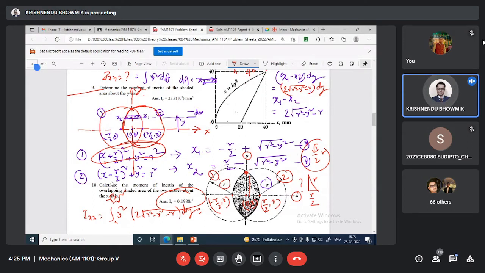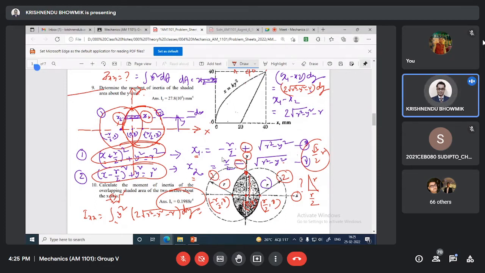For the second case, it is x minus r by 2 whole square plus y square equal to r square. For 1 I wrote x1, for 2 I wrote x2. This figure says this is x1, this is x2. x1 should be positive, that's why we have used plus here. x2 should be negative, that's why we have used minus here.